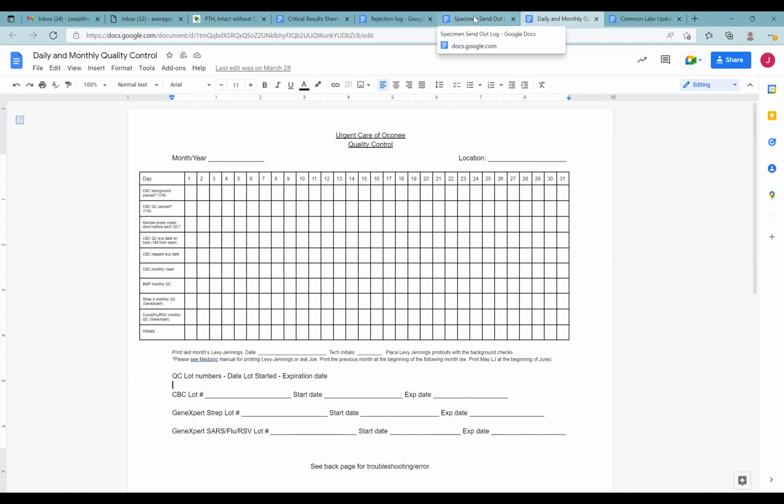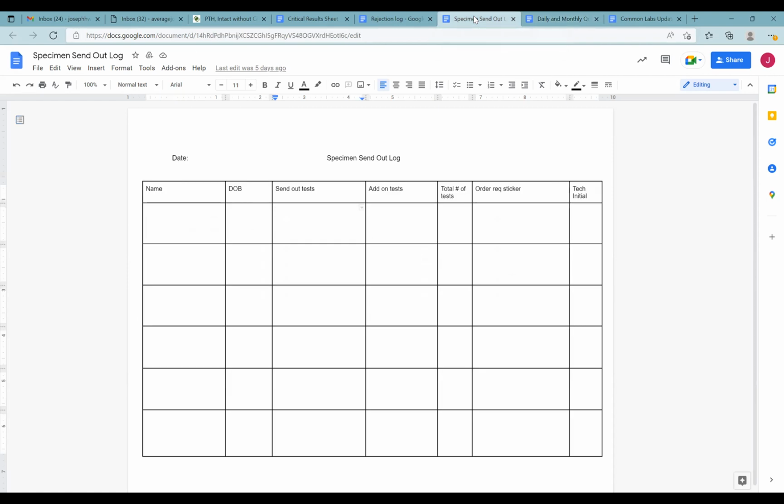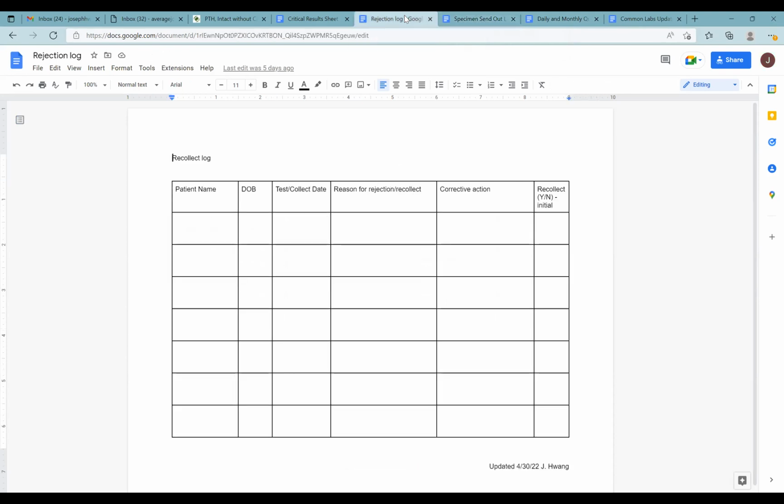So again, you're supposed to look in the GeneXpert book and flip all the way to the back and see if that lot number has been run. But sometimes we get busy and forget. So a couple different ways to check. The easiest way is just have it written on the box. The second way would be to go into the log book and look at that.